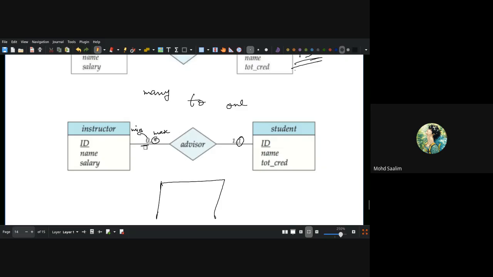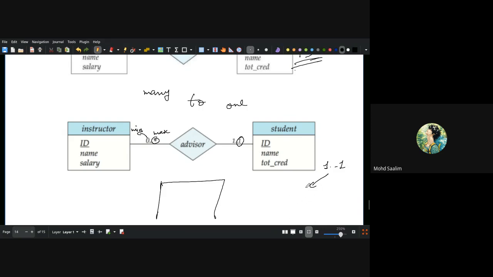This number that is given to you, 1..1, is being applied to every single row in your student one by one. It doesn't mean that it is being applied to the whole set. It is being applied to every single row.